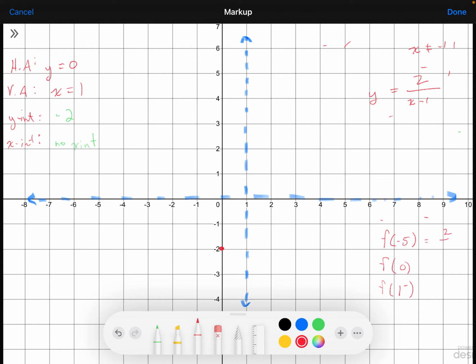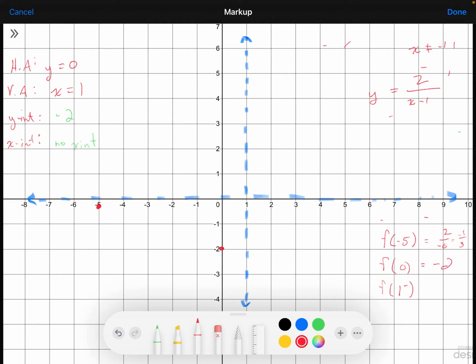The f of -5 is going to be 2 over -6, and that is going to be equal to -1/3, I believe. So we're all the way over here, but look, we're observing asymptotic behavior on the left-hand side. That is, my point is getting very close to 0. That makes a lot of sense, I think.